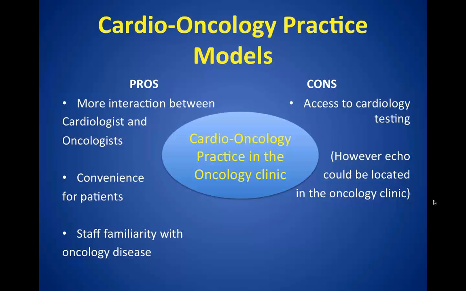It is more convenient for patients to have all their doctors in one location. And there's a greater staff familiarity with the oncologic disease and side effects of chemotherapy within the oncology clinic. The cons include access to cardiology testing.